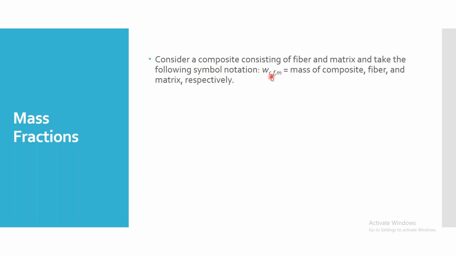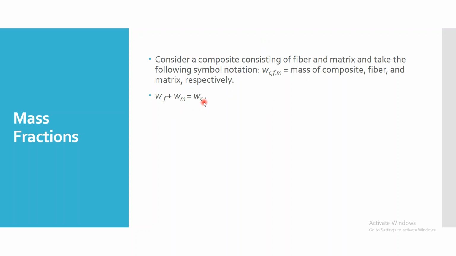Let's look into these notations: W suffix C, F, M. As usual, W suffix C represents mass of the composite, W suffix F mass of the fiber, and W suffix M mass of the matrix. Obviously, when you consider masses, the mass of the fiber added to the mass of the matrix gives the mass of the composite. This is simple mathematics.